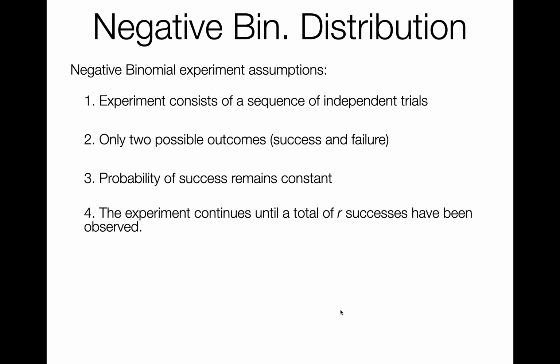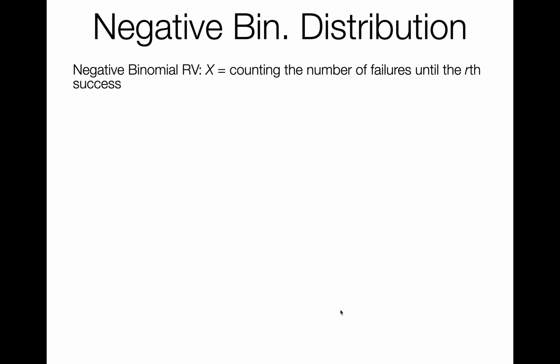And then the fourth one that's different from the binomial distribution assumption is that the experiment continues until a total of r successes have been observed. Okay, so we need to know how many successes that we need in order to calculate our probabilities that we want.